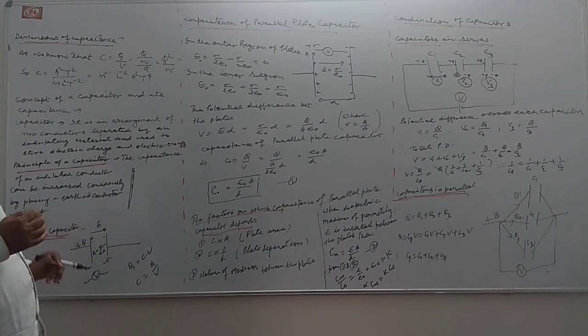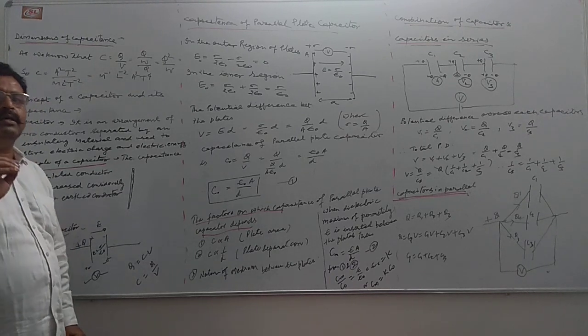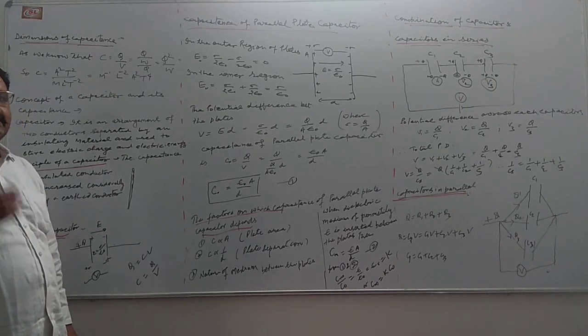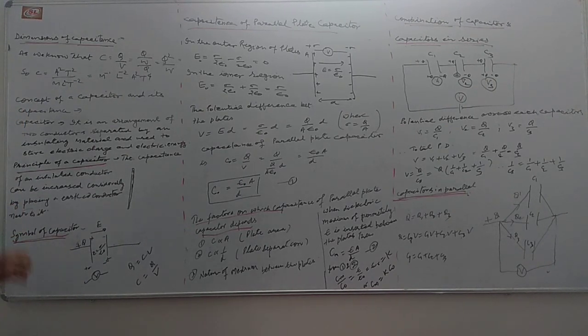Later on we will see that the electric charges are stored at the plates of the capacitor, whereas the electrical energy is stored in the dielectric medium between the plates.